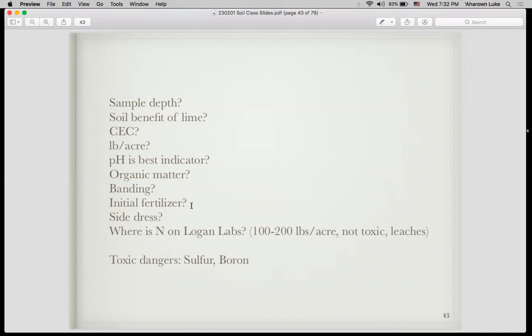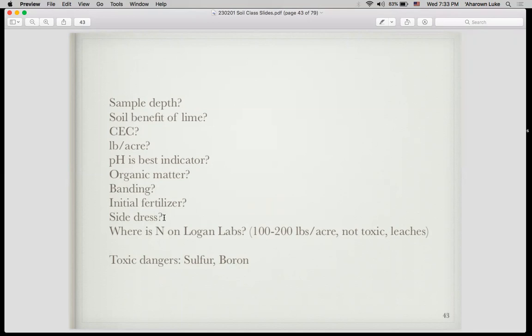Initial fertilizer, I don't know what that means. Side dress, I think like half to 2/3 of my nitrogen, the 150 per acre, I will side dress and put along the drip line, so that the plant can eat that nitrogen as it gets going.